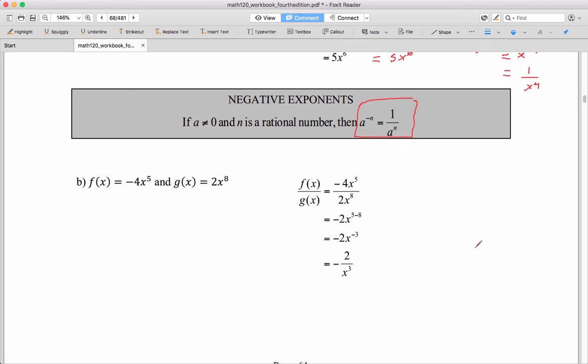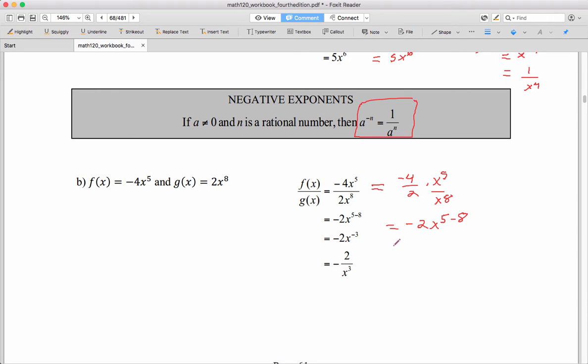So in part B of this worked example, they take advantage of that property. If I divide f of x by g of x, that's going to be negative 4x to the 5th divided by 2x to the 8th. So let's take that extra step we did in the upper one and break up that fraction. That's negative 4 over 2 times x to the 5th divided by x to the 8th, which gets us back a negative 2 on the coefficient, then x to the 5 minus 8.